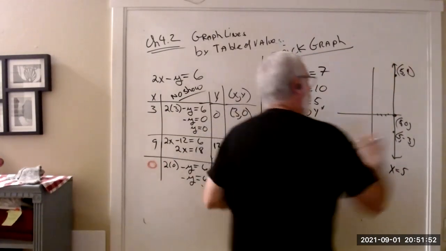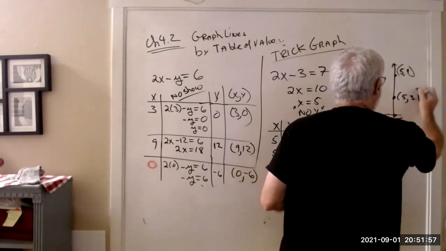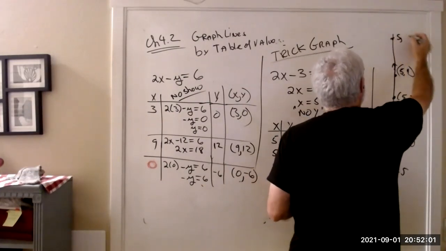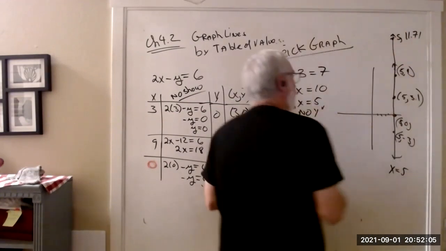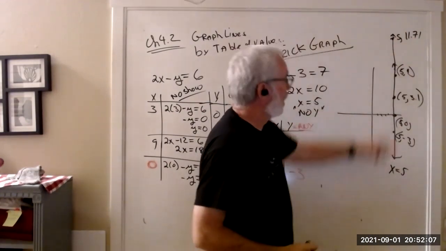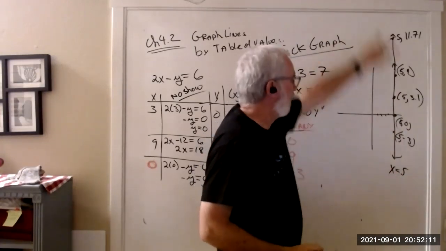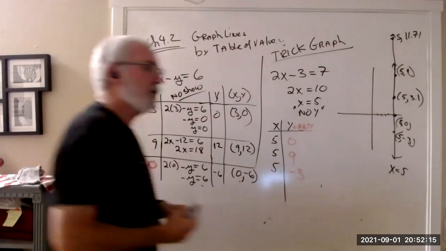So somewhere on here, this might be 5, 3.1. This might be 5, 11.71. Every point on this vertical line, the X value is 5 and the Y value just goes on and on. So that's what you have to be aware of.